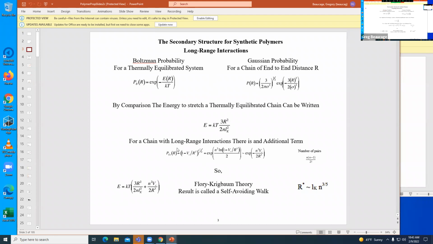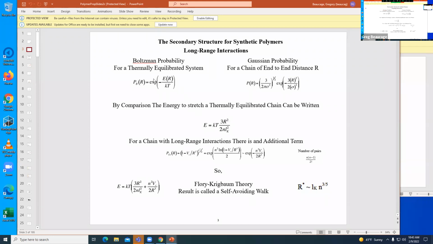The way I did it here, I just did ln of that. When you do ln of it, the power comes outside. Because 1 minus VC over R cubed is exponential, ln of that is just VC over R cubed. So you can get this thing into that exponential form. Right, so that's the probability of exclusion.